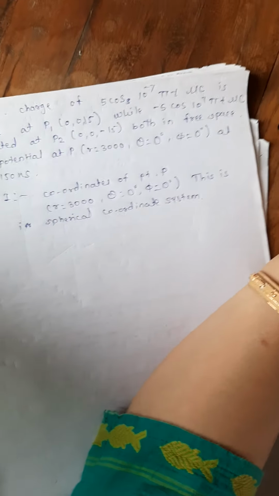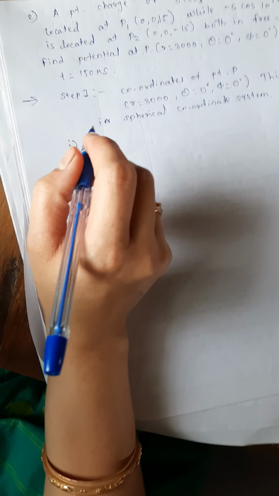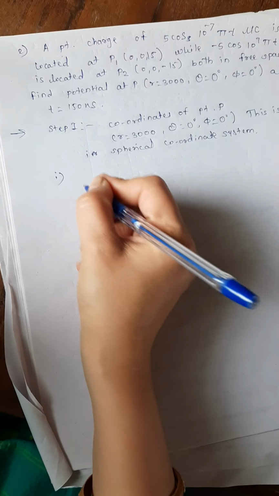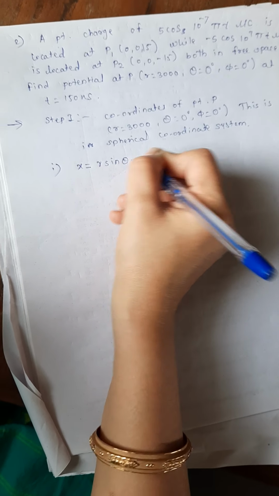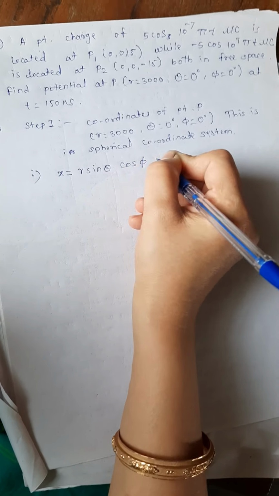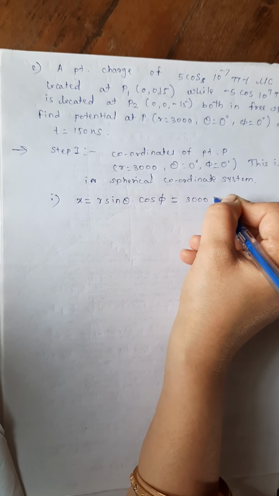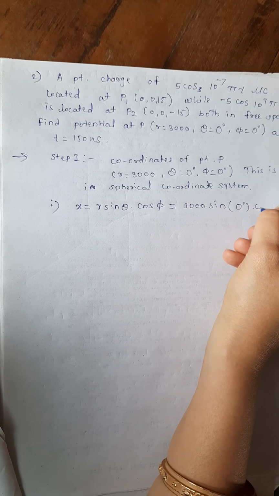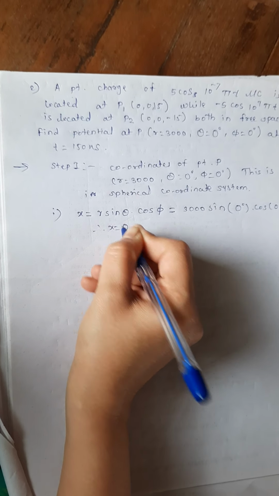So first we convert these coordinates into Cartesian coordinates, as we know that x is equal to r sine theta cos phi. These are the basic formulas for the conversion. So it is 3000 sine 0 degree, cos 0 degree, so x is equal to 0.